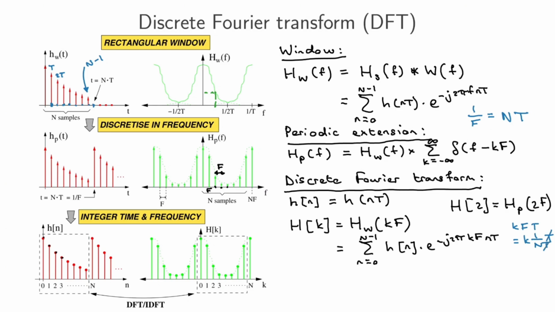So you're just left with k over capital N. We can simplify this even more: the sum from n equals 0 to N minus 1 of h[n] e to the minus j 2 pi k n over N. Is that right? That's the DFT. That is the DFT equation.